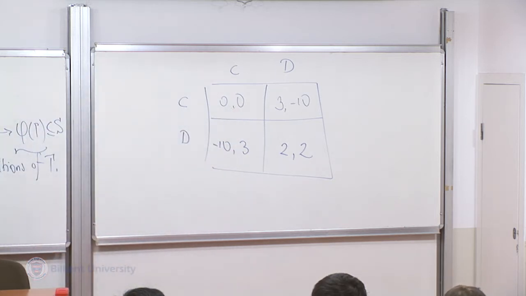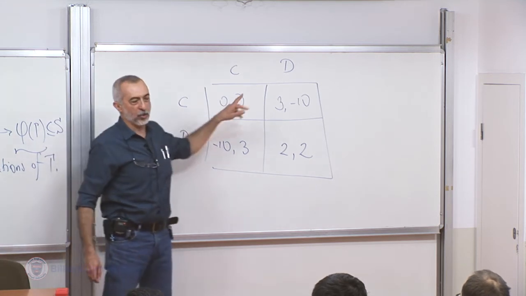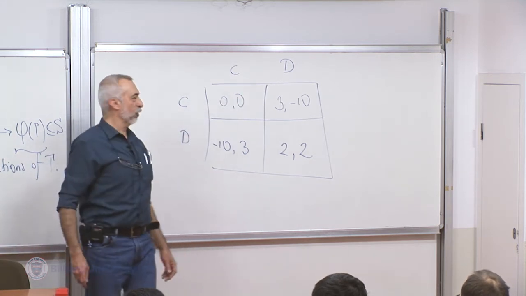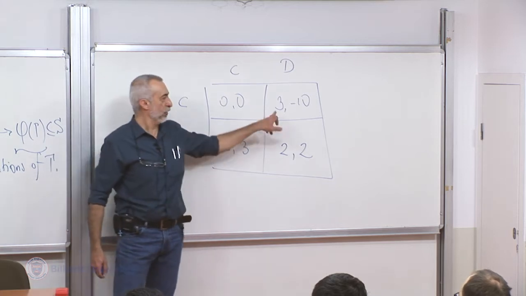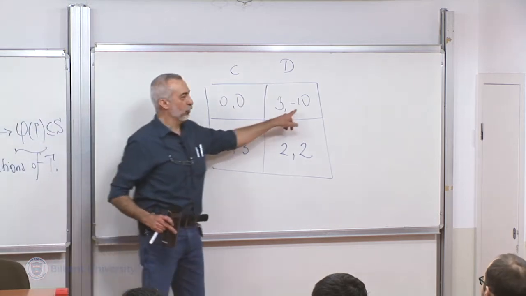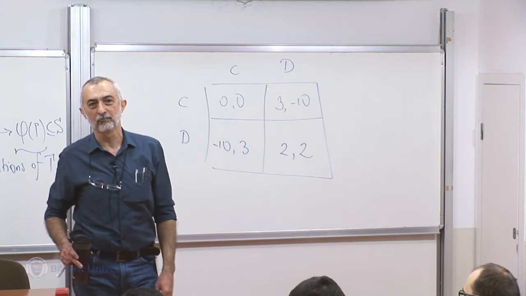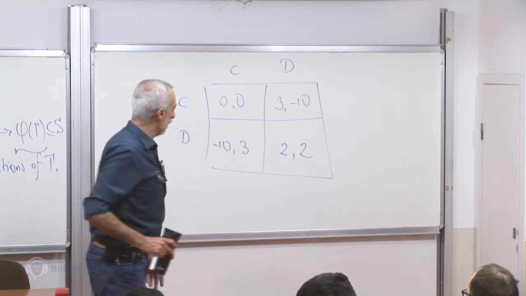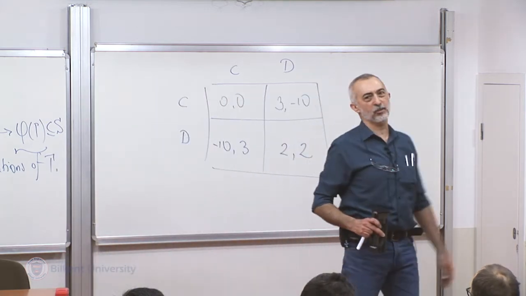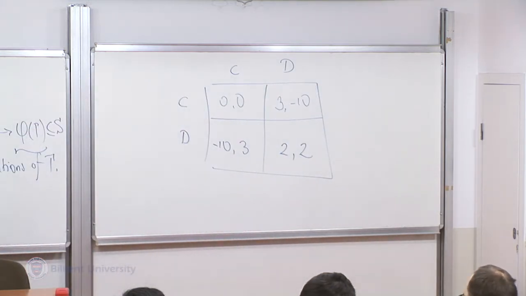If one of them wrote C, the other one wrote D, the one who wrote C, his or her first homework grade will increase by 3 points, but the student who wrote D, his or her first homework grade will decrease by 10 points. If they both wrote D, I'll increase both of their first homework grades by 2 points.